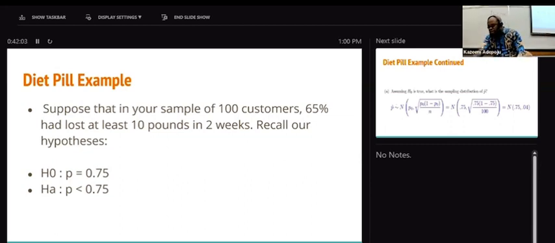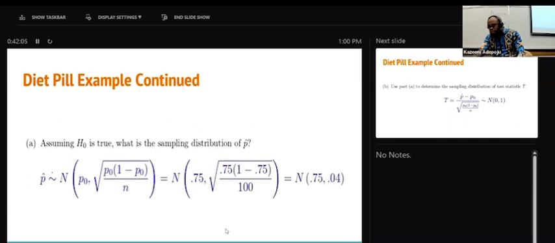Now, take a look at this. We now want to believe the sample proportion follows a normal distribution with the mean of P0. Do you know that P0? That's a hypothesized value. That is the value you are contesting. Of course, we've done the standard error of a proportion.